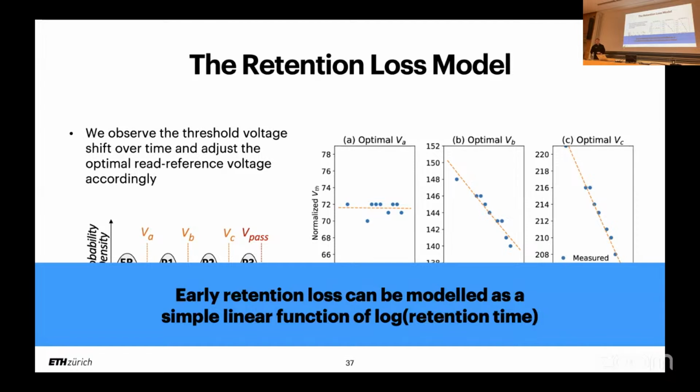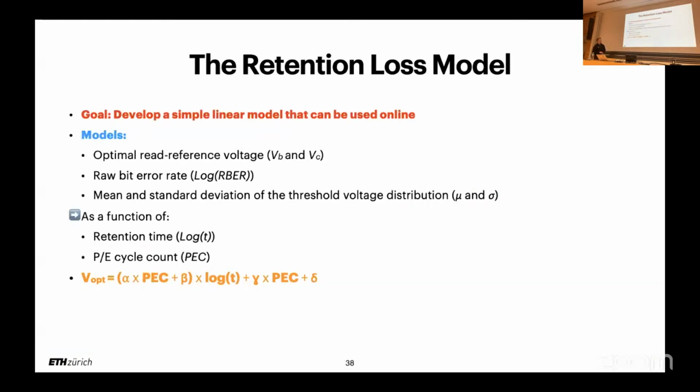Yeah, and also we note that this can be modeled as a linear function of the logarithm of retention time, because this is on a logarithmic time scale. So the goal is to make a simple linear model of this kind of phenomenon online, and then we model the read reference voltage or the raw bit error rate or the mean and standard deviation of the threshold voltages themselves.